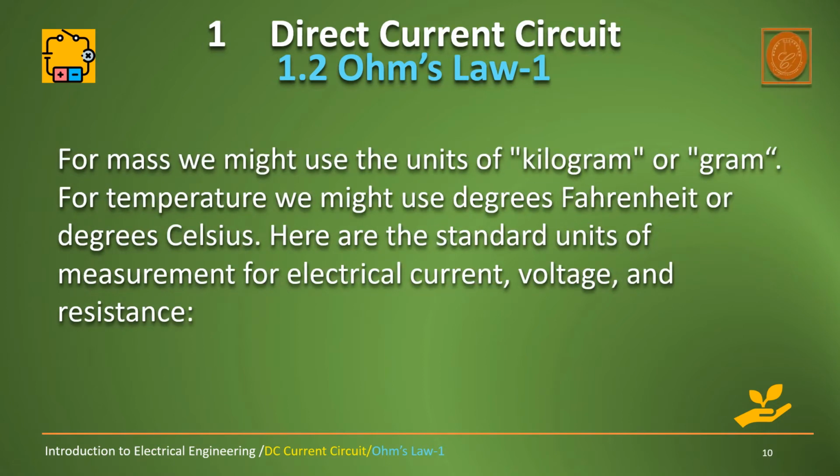For mass, we might use the units of kilogram or gram. For temperature, we might use degrees Fahrenheit or degrees Celsius. Here are the standard units of measurement for electrical current, voltage, and resistance.